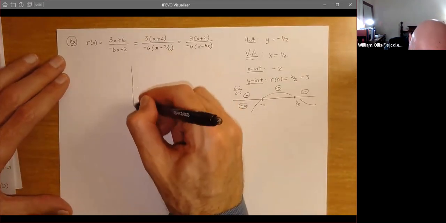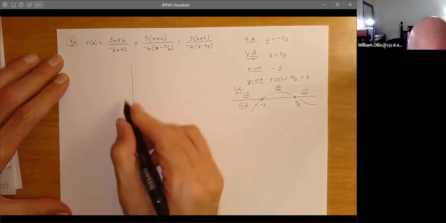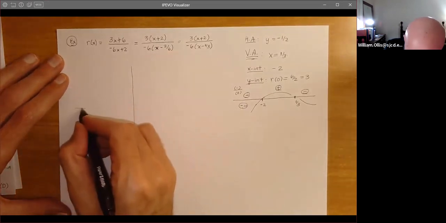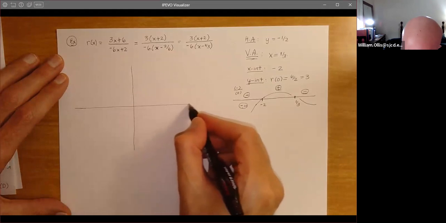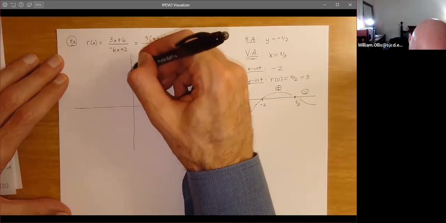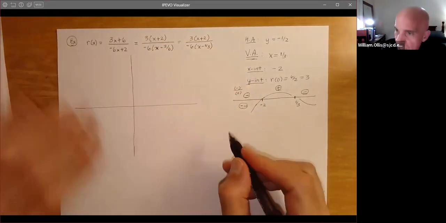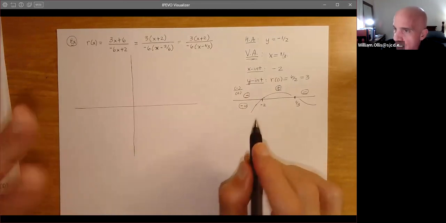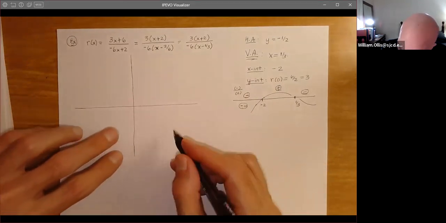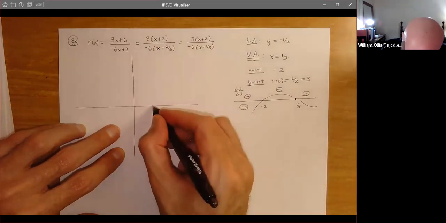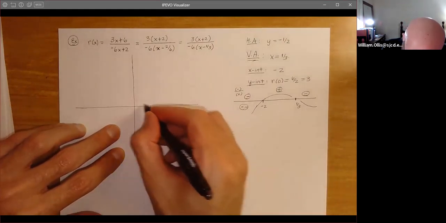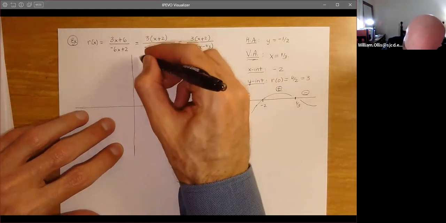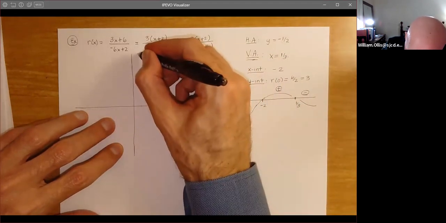Just go ahead and sketch in our asymptotes. Put in our intercepts. And then we can use the sign test to get the correct orientation of the curve. So we'll spread things out a little bit. Let's just say we've got the 1 here. So we've got a 1/3 about right here. So there's our vertical asymptote, just to spread it out some.